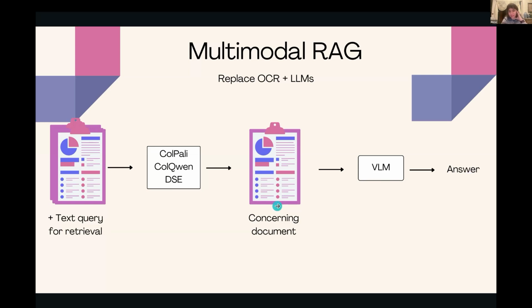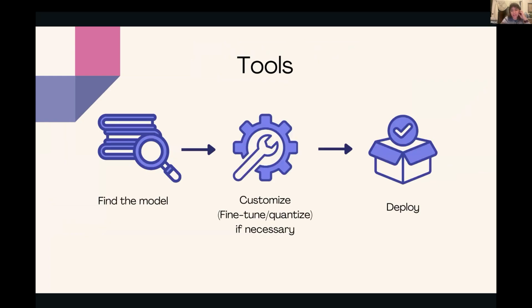It is less brittle, it works better. There are now lightweight models like DSE, which can do it very fast, and you can shrink it with less performance degradation as well.